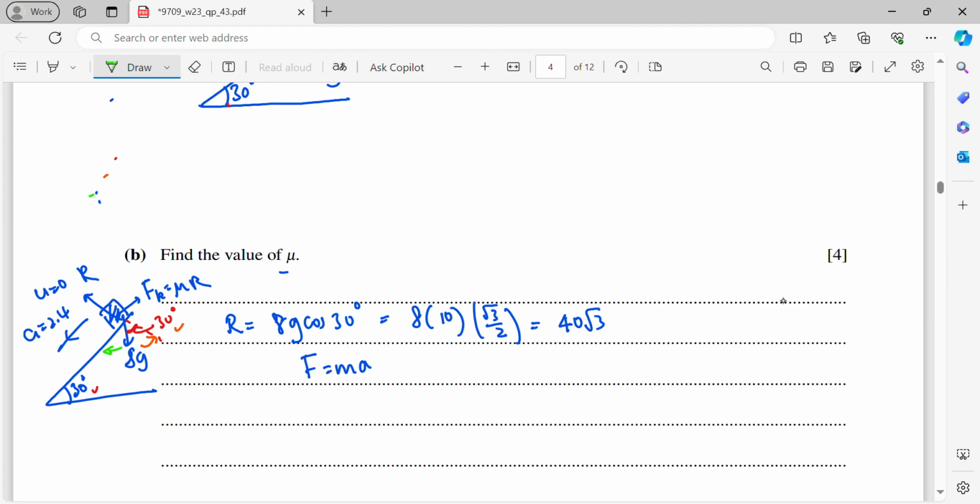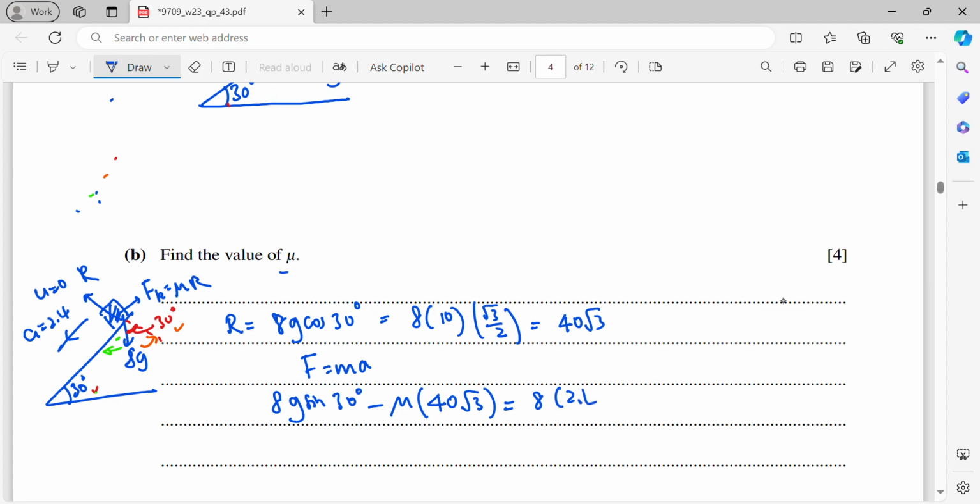So when I resolve the mg, it will be sine 30 degrees, because this angle is not given, I'm using the alternate angle. Therefore, I will be getting mg sine 30 degrees. Then I minus the F_r. F_r is mu R. Okay, mu R. R is 40 square root 3. Then equals ma. M is 8.